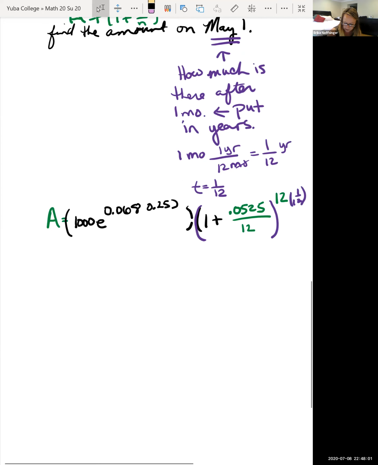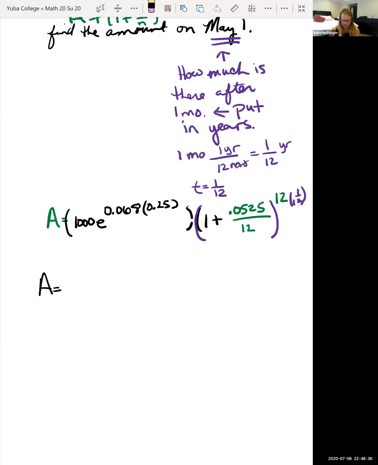And so we can start simplifying. On my calculator, I'm going to put in E. When I put in E, it automatically gives me an exponent. I need parentheses around this whole exponent that I'm putting in here, then times 0.025, and then close off the parentheses of that whole exponent.